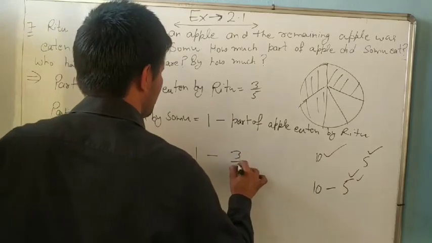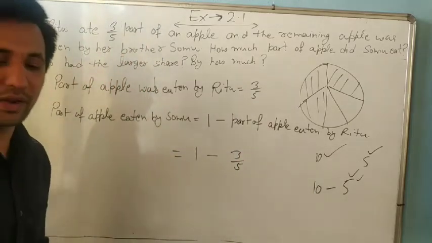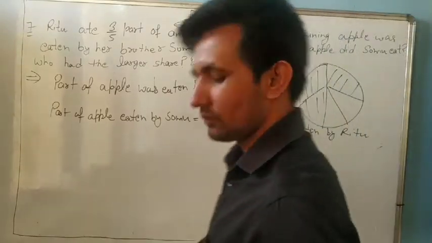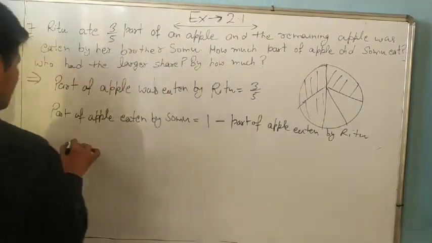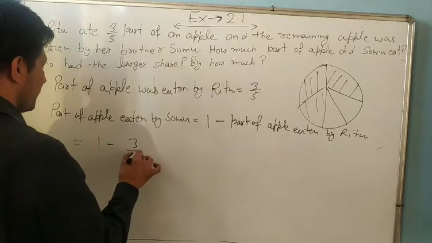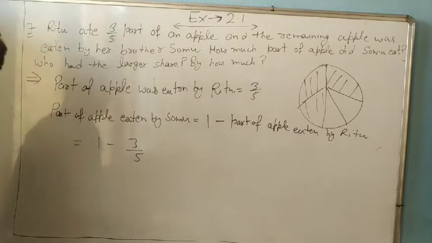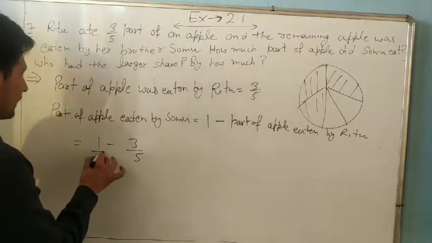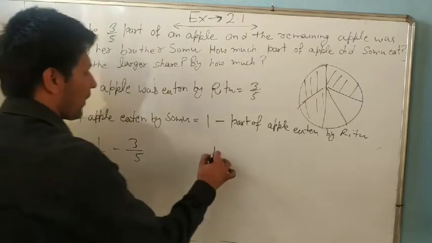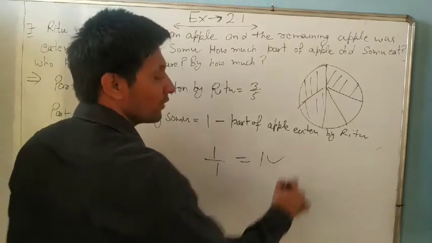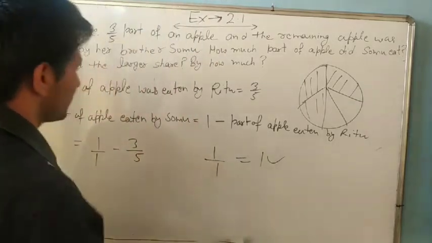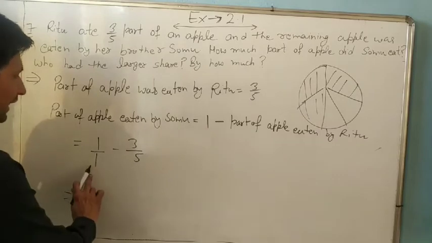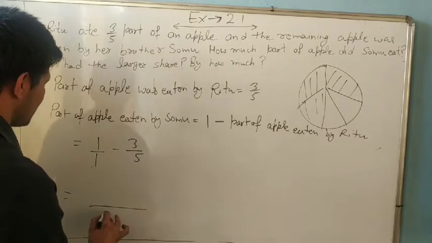Yes, the total apple is 1 minus how much part? 3 upon 5. It is a fraction, so 1 minus 3 upon 5. How can we solve a fraction? By taking LCM. Can we write 1 as 1 by 1? Yes, 1 divided by 1 is 1. So first we take the LCM of 1 and 5: 1 into 5, 5 is the LCM.